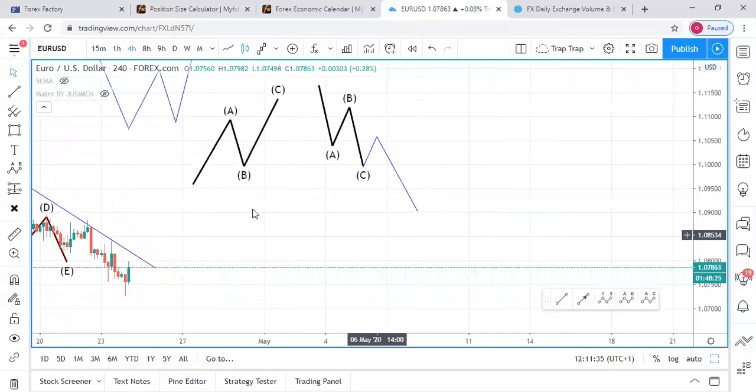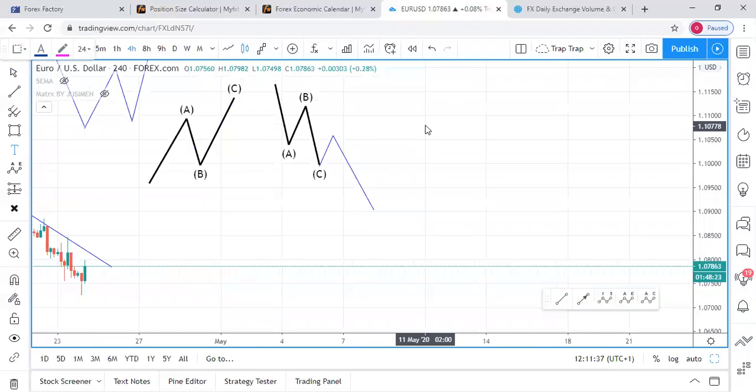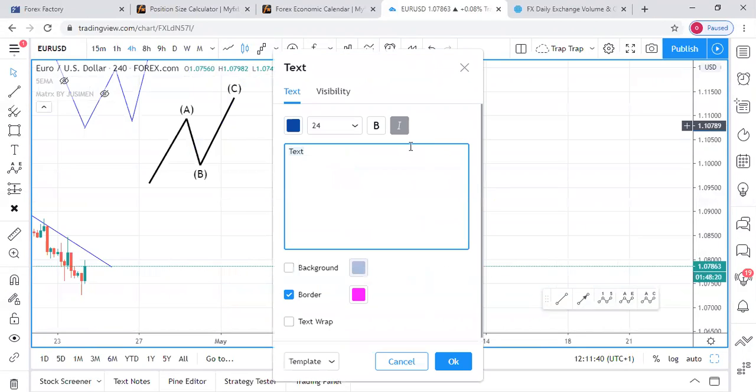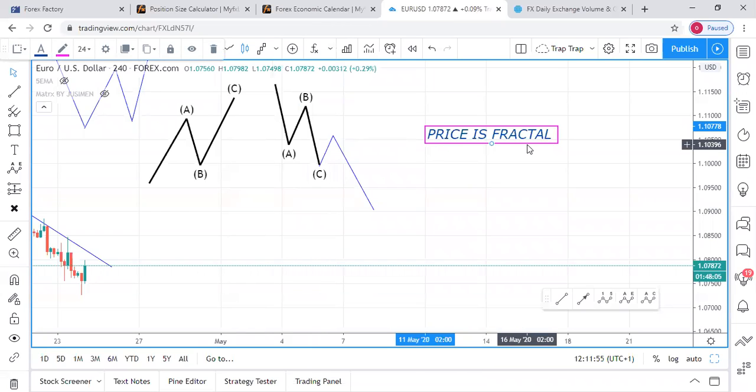There is a term that I want you to know, and I'm going to type it here so that in case you don't get my pronunciation, you can see it clearly. Price is fractal.